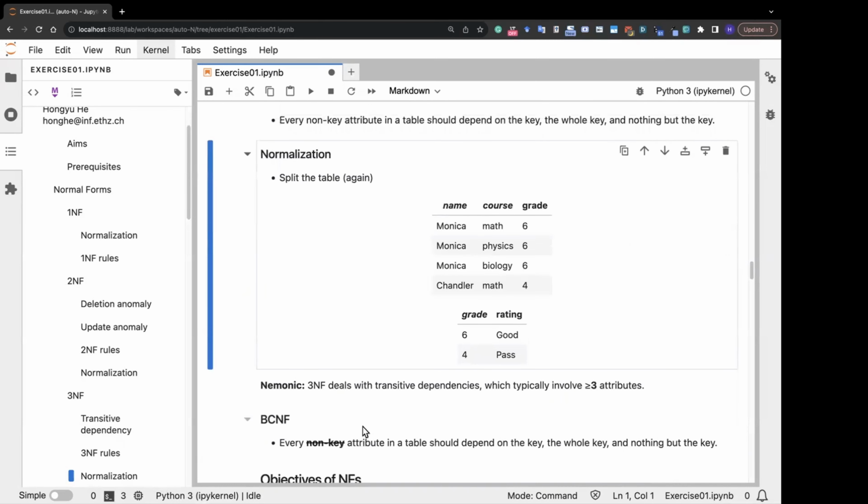Another concept is the Boyce-Codd normal form, but it's a bit nuanced, and it's just a nice addition. Basically, it says that every attribute, so this includes the keys themselves, should only depend on the key. In my experience, I haven't seen in real life a table that adheres to the third normal form but doesn't comply with BCNF.